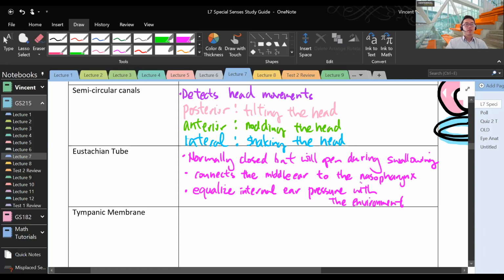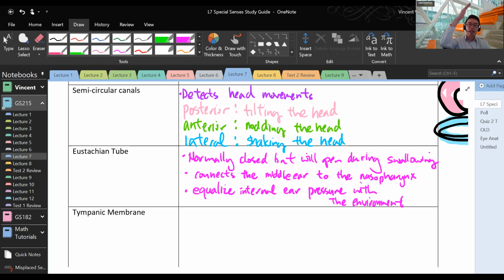So classic example is if you're on a plane flying up, or if you're in an elevator that goes up, as you go up, the external pressure is going to drop and you feel your ear being plugged, right? And when you swallow, that excess pressure comes out and you feel fine again.